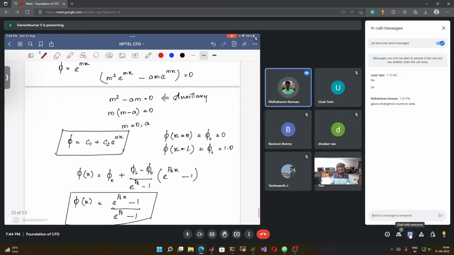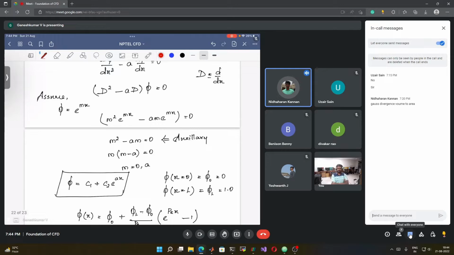But do you know why we are taking that solution in terms of exponential manner? How do I put it? If it is complex, it's going to have cos and sine, and if it is real, it's going to have exponential.